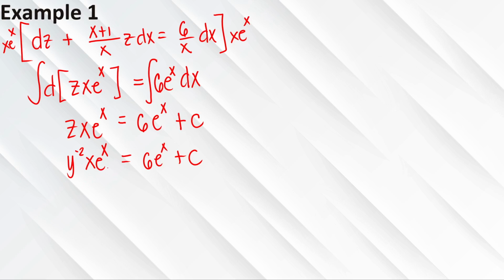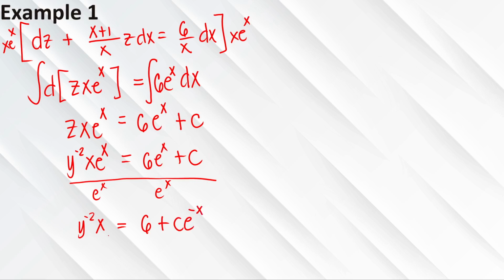Mag-divide tayo ng first e raised to x siguro. So pag nag-divide tayo ng e raised to x, we will have y raised to negative 2 times x equals 6 plus c e raised to negative x. So from ibaba, itinaas ko siya.